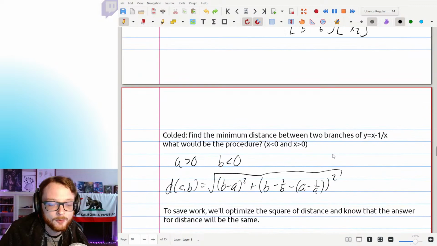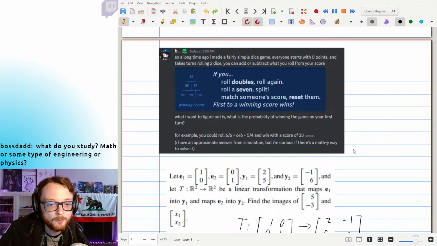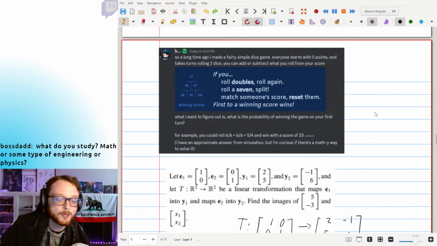No, yeah, it's this one. Involving a dice game. You can apparently use Markov chains to model this game, at least if you only consider the addition piece. If it's subtraction, it gets a little bit more complicated.